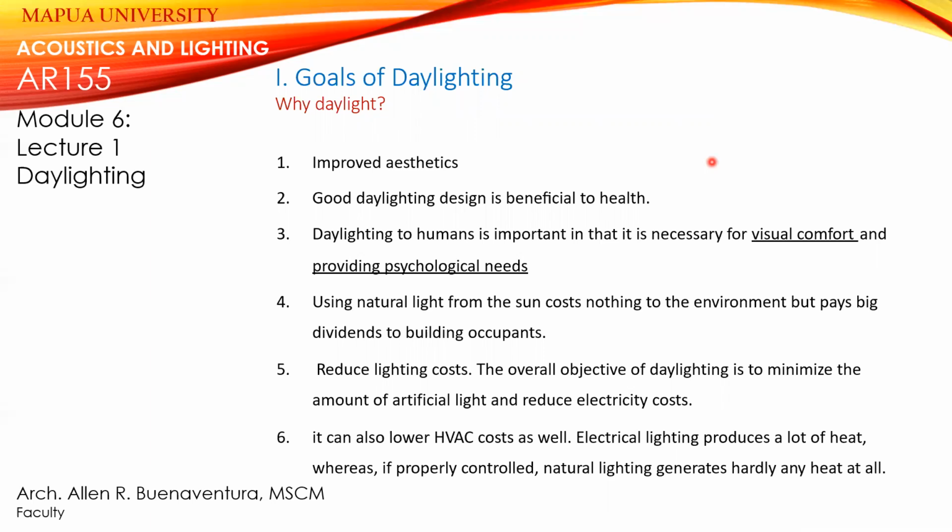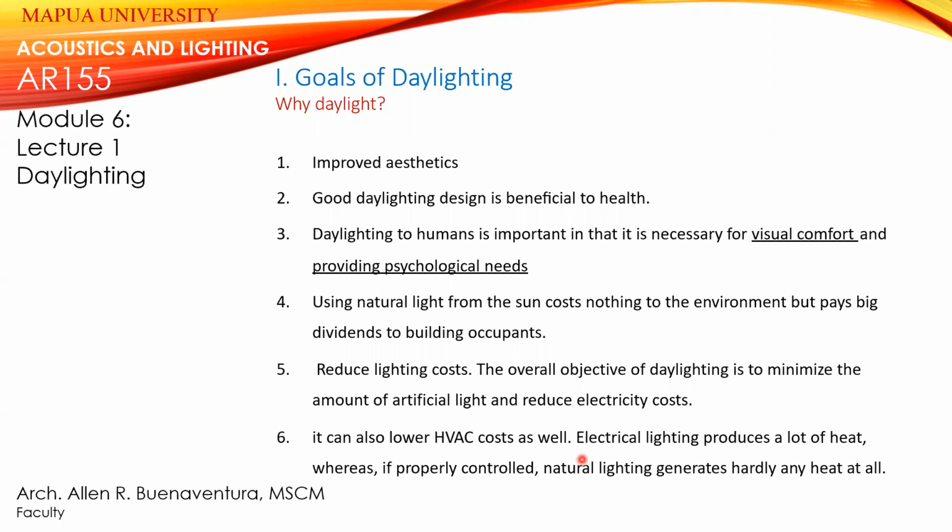Using natural light from the sun costs nothing to the environment but pays big dividends to the building occupants. If you maximize the daylight, the sun doesn't charge fees or payment for daylighting. So it's free, and it reduces lighting costs. The overall objective of daylighting is to minimize the amount of artificial light and reduce electricity costs.